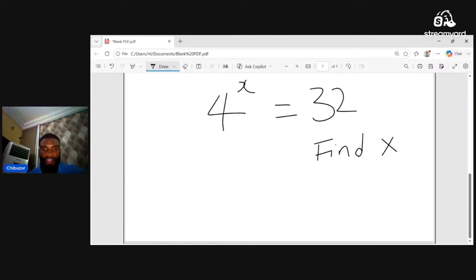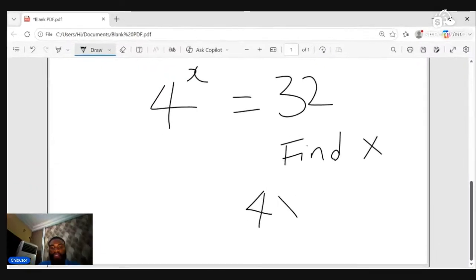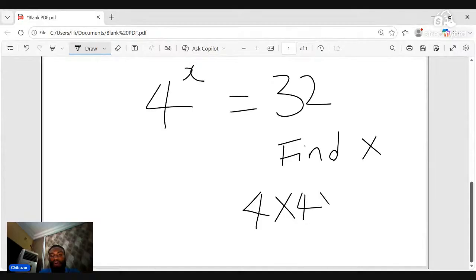So how did we arrive at 5/2? Let's solve this. Now, remember that our target is to have the basis as the same thing, the basis, which is this and this. But the problem here is that 4 times 4, or if you keep going, you can't get to 32.